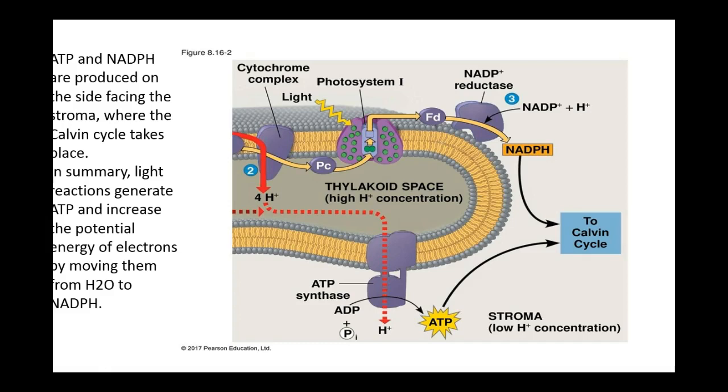With regard to NADP+, you also have that FD ferredoxin protein that is taking the NADP with the help of an enzyme, reductase, and attaching that hydrogen ion to it, and that then also can go into the Calvin cycle.